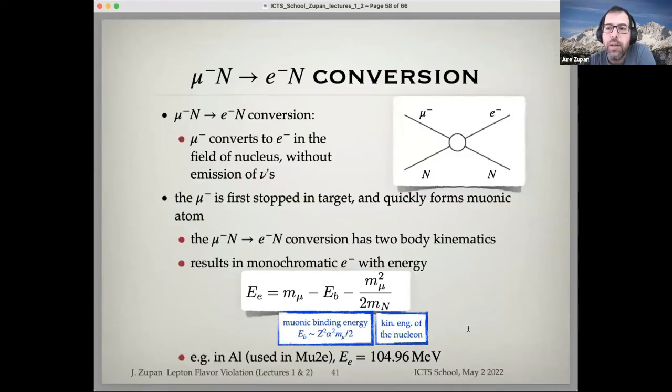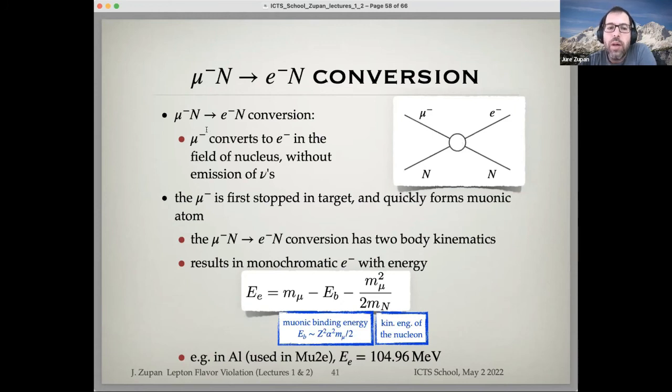All right, so what is this? It's kind of a peculiar thing, because you need an extra ingredient, which is this nucleus. So you take a muon, you stop it, but now, unlike the previous two cases, you use mu minus, and then it gets bound to the nucleus.